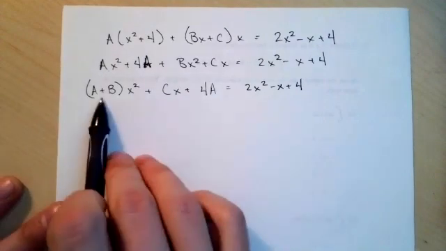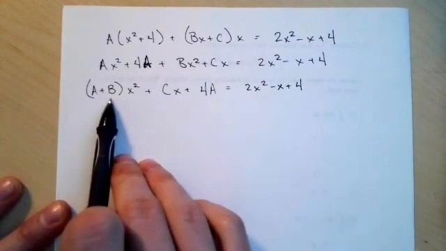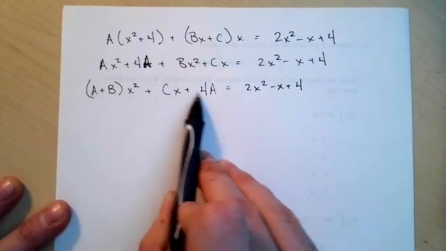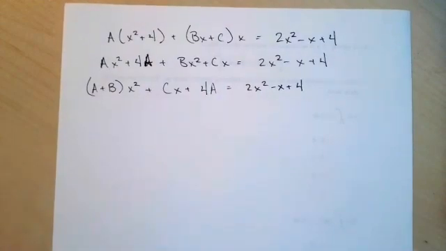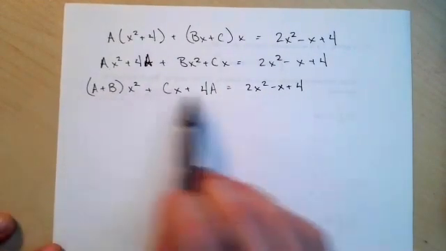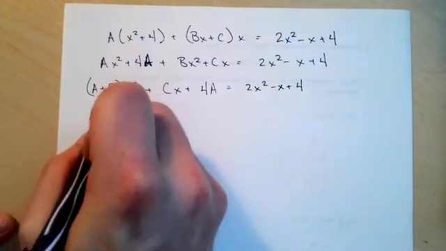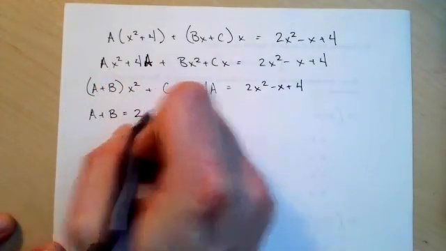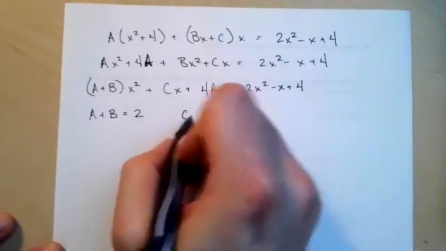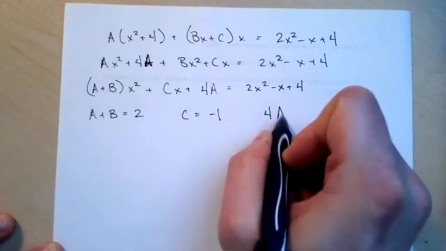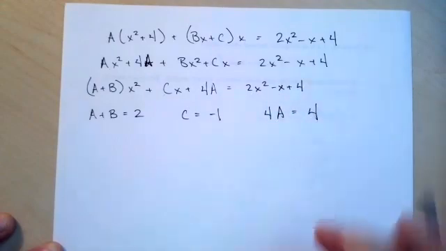Now that we have our nice polynomial, a constant times x squared plus a constant times x plus another constant, we just equate each coefficient. So this tells us that a plus b equals 2. Our linear term, c, has to equal negative 1, and 4a has to equal 4.